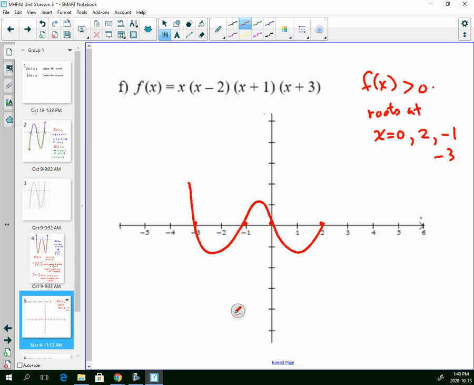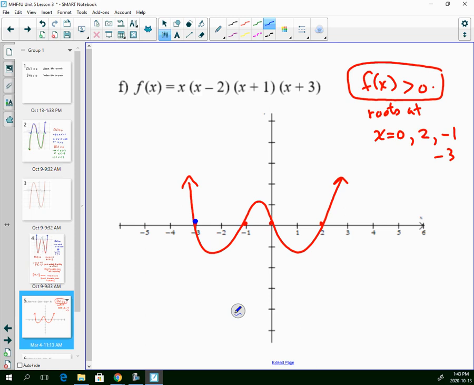I know by the properties that it has a positive leading coefficient. It's opening up. It's going to pass through these x-intercepts. I don't really care where the turning points are because all I am determining is where it is above or below the x-axis. So in order to answer the question, where is it above 0, I have a quick sketch.